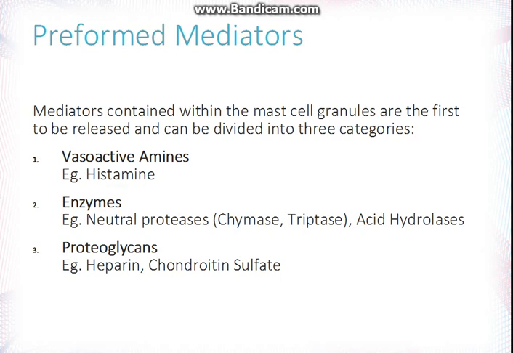Now the preformed mediators we can divide into three categories. First is the vasoactive amine like histamine. There are enzymes like proteases, acid hydrolases, and proteoglycans like heparin and chondroitin sulfate. The most important of the preformed mediators, which causes vasodilation and increase in the vascular permeability, is histamine.